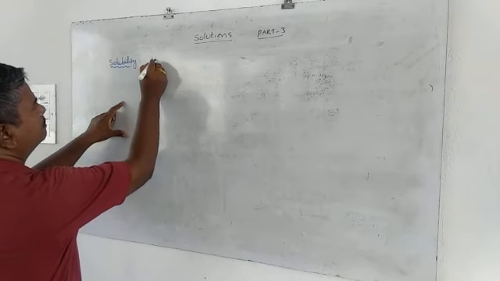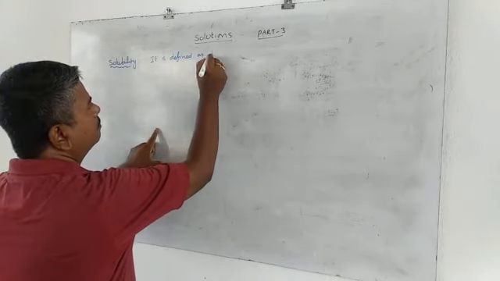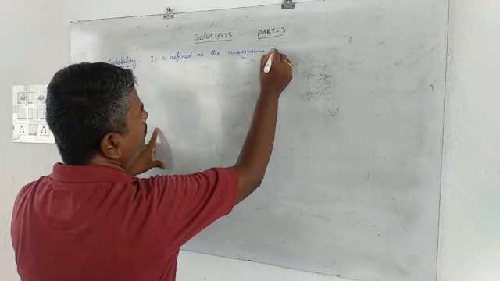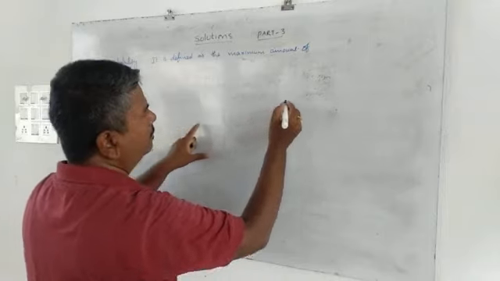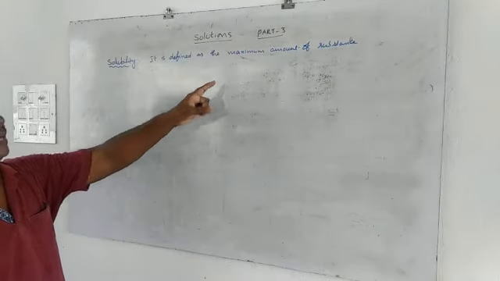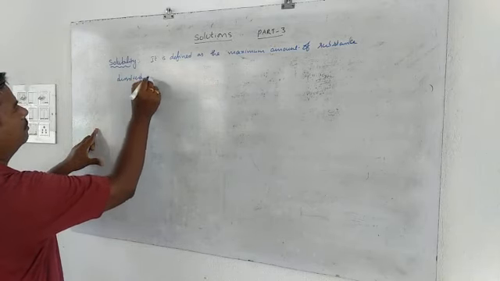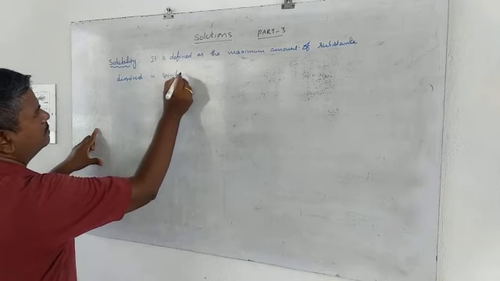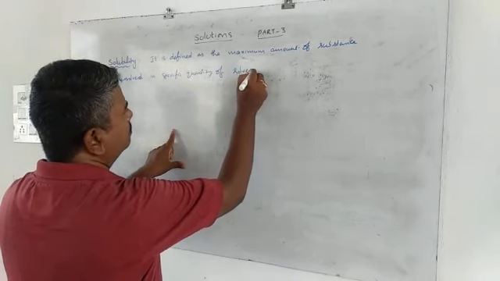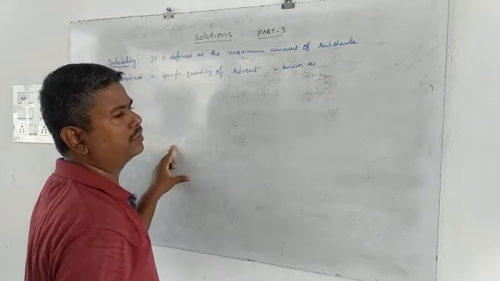It is defined as the maximum amount of substance dissolved in a specific quantity of solvent is known as which one?